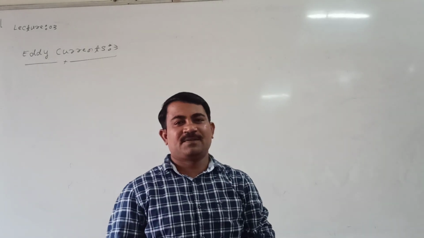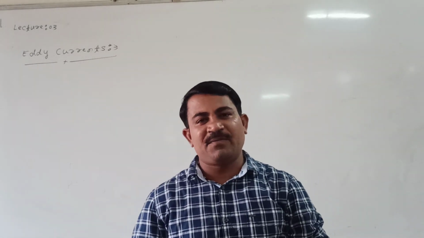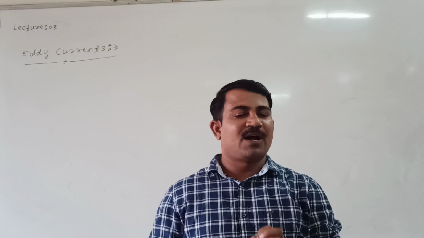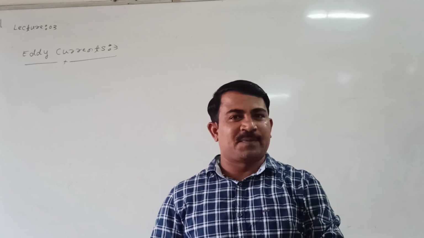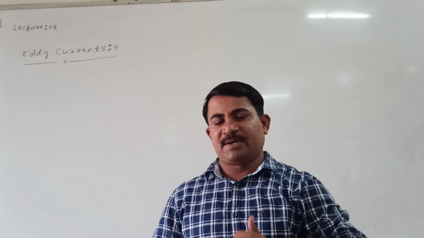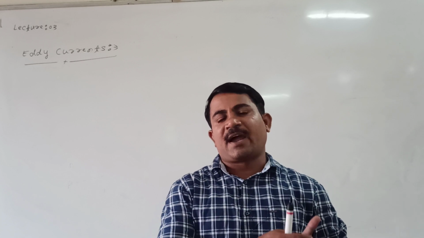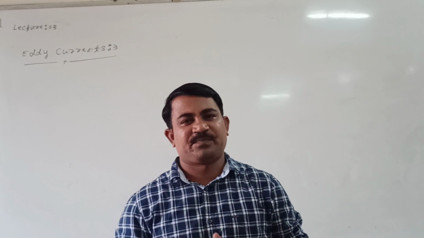This concept is based only on Faraday's second law. How does this concept arise? In detail, I will try to explain it. This concept is a little bit complicated and has a lot of applications.